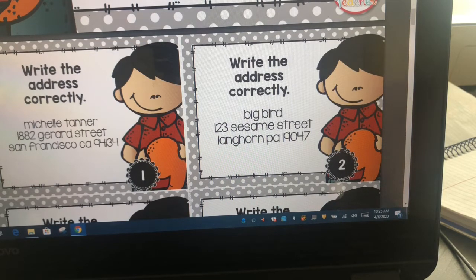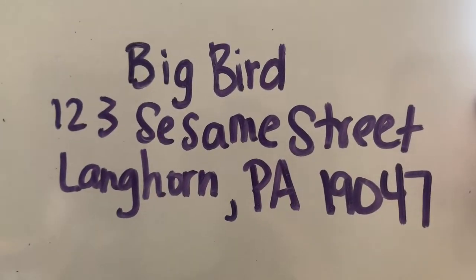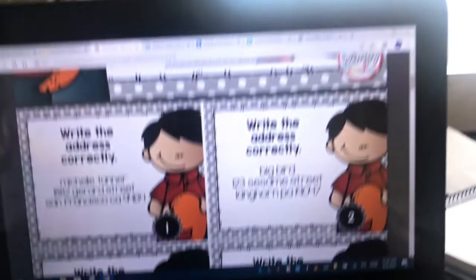If you need to pause the video at this time to write down the address correctly with the correct comma, please do so. If you have written it down and you added the comma correctly, it should look like this. Good job.